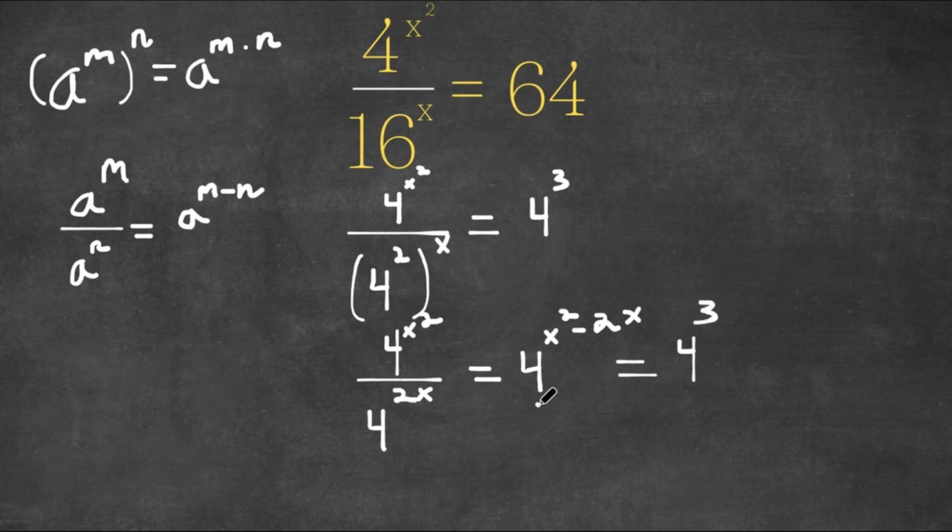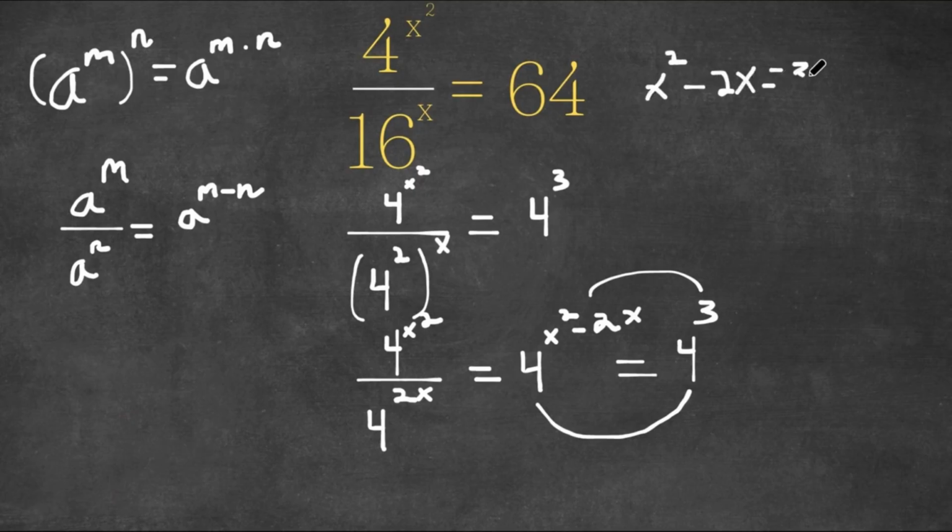Now, because these two terms have the same bases, that also means that our exponents are the same as well, meaning x squared minus 2x is equal to 3.